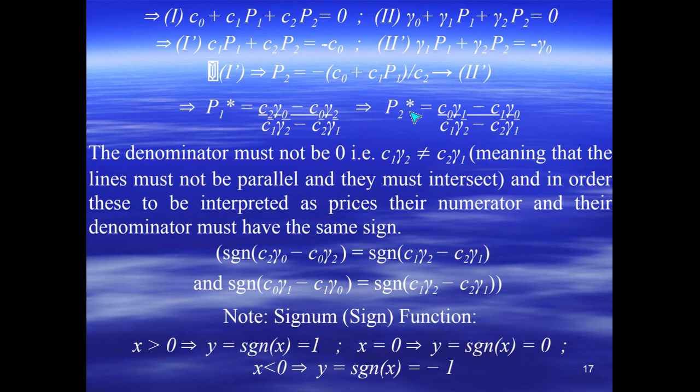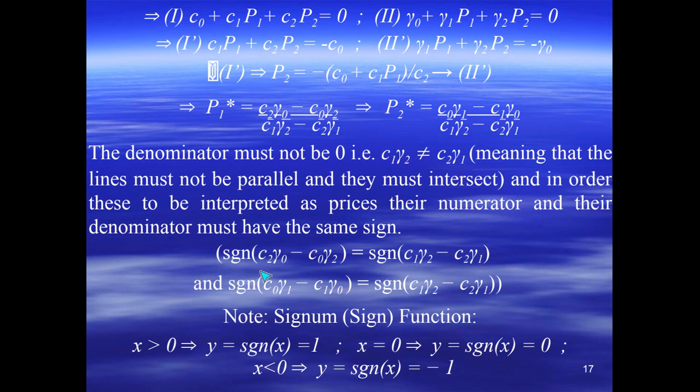Negative prices and negative quantities are unacceptable. We don't accept negative prices and negative quantities. We find them as solutions, but then we say economically unacceptable, economically meaningless.